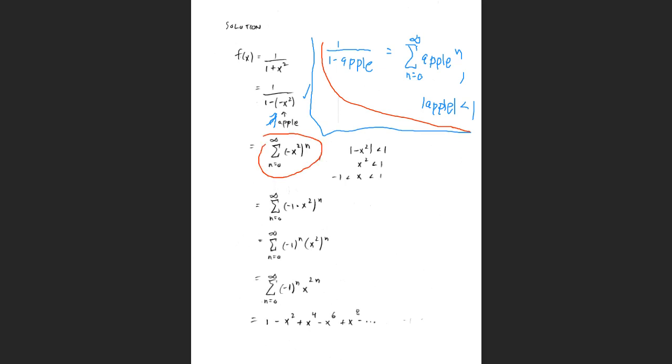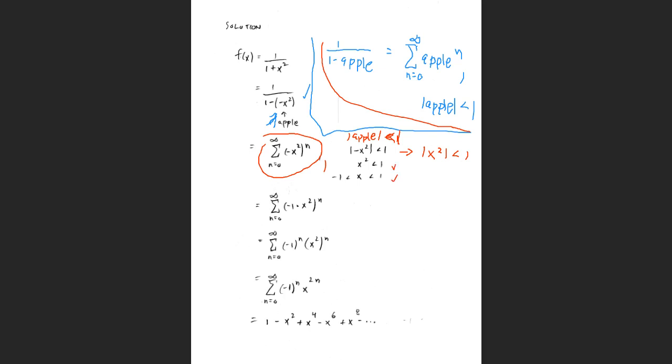And incidentally, the absolute value of my apple has to be less than 1. Well, the apple is negative x squared, right? So I have the absolute value of negative x squared is less than 1. Well, that just means the absolute value of x squared is less than 1, because the negative goes away.